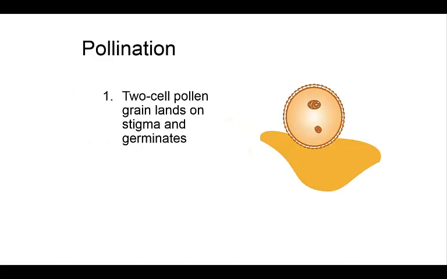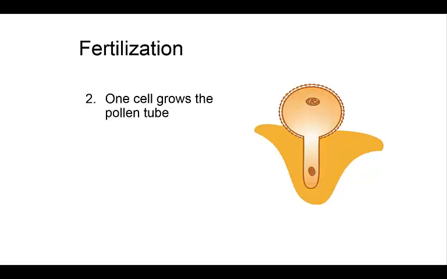So what happens during the process of pollination is that we have a pollen grain, which contains two internal cells, lands on top of a stigma, which is again sticky, and germinates. Now it has to be the right kind of pollen, and the stigma has to be receptive to it. And when they match, when there's a species match or a variety match, enzymes will break down the coat around the pollen grain, and these two pollen cells will emerge from the grain.